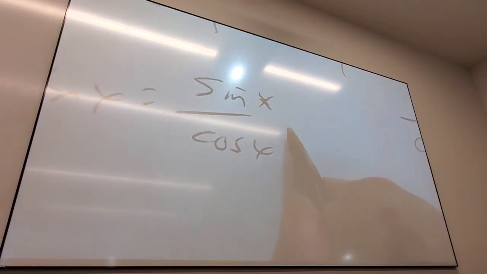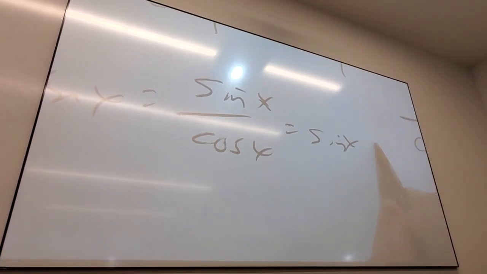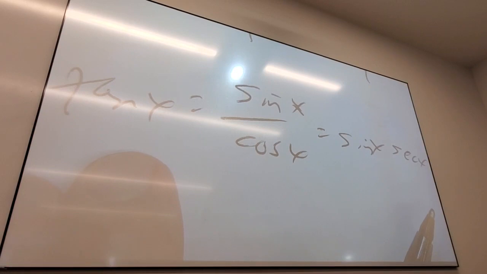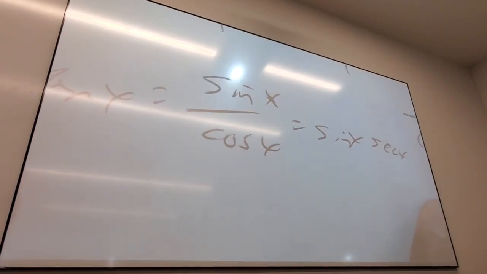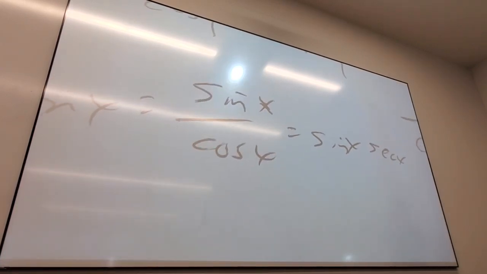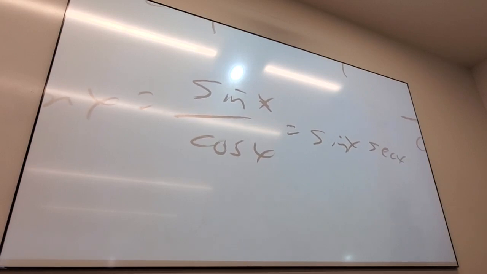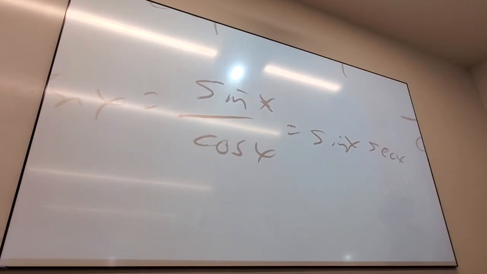Good. But you guys see this? What is 1 over cosine? That would be secant. So sine times secant is tangent. Because secant's 1 over cosine, and sine over cosine is tangent, right? Yeah. So what's cosine times cosecant? Cotangent. Same way, cosine times cosecant is cosine times 1 over sine, which is cotangent.